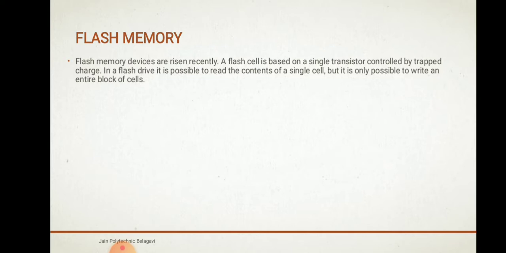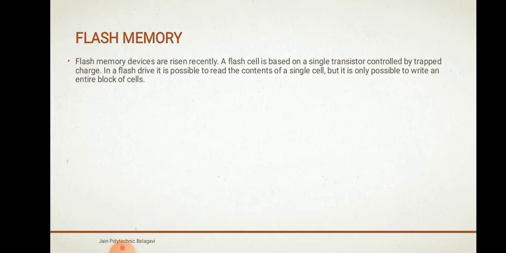In a flash drive, it is possible to read the contents of a single cell, but it's only possible to write an entire block of cells. So what it means is, if you are using flash cells, it is only possible to read the contents of a single cell.